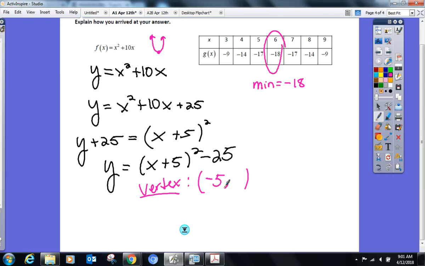At negative 25. Which way are you doing here? I did the other one. So you did x equals negative b over 2a. Yeah. And then you should have gotten negative 5. You store negative 5 in for x, and then plug it into x squared plus 10x, if you're going to do it that way.